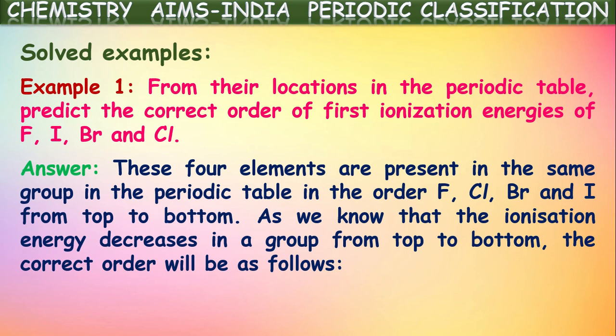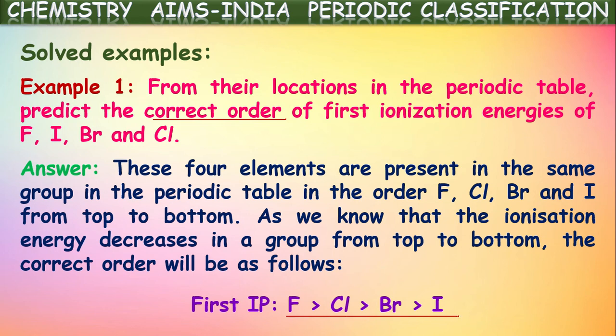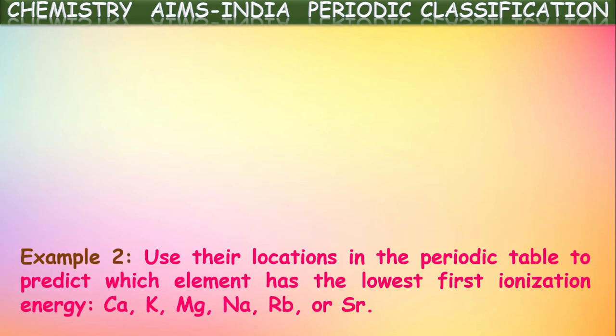So we can show the correct order, either decreasing or increasing. Fluorine has the greatest, next chlorine, then bromine, and least for iodine. Because from fluorine to iodine, size increases. As size increases, nuclear force of attraction on the outermost electron decreases, and hence ionization energy decreases. Got it? Let us see one more solved example on this.